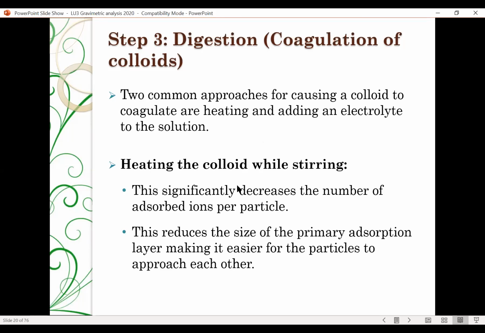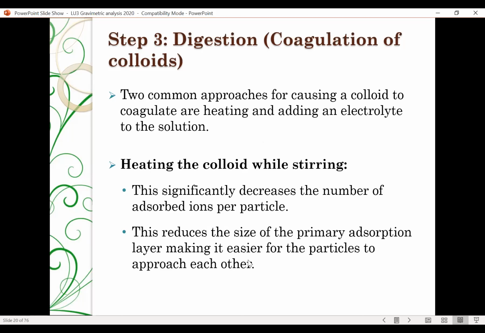When we heat the colloid while stirring, we are actually giving energy to the particles to move during the stirring process. During heating of the colloid, this significantly decreases the number of adsorbed ions per particle.